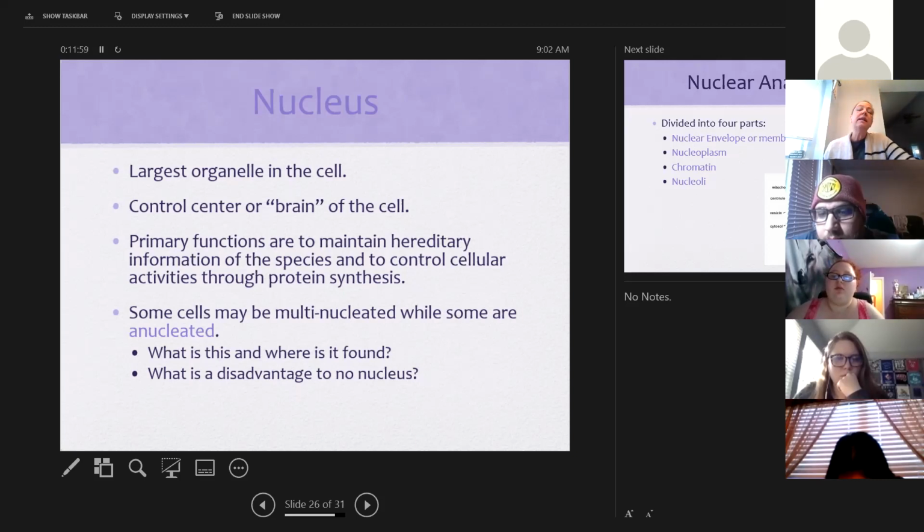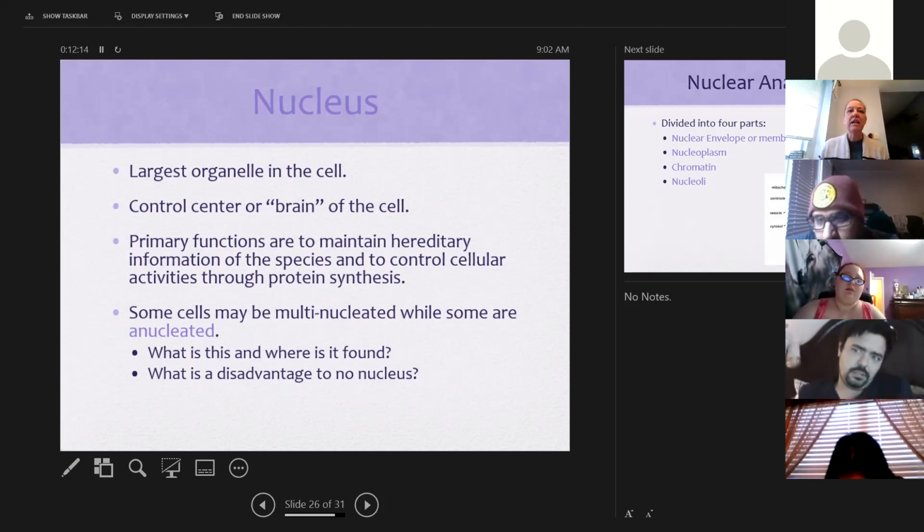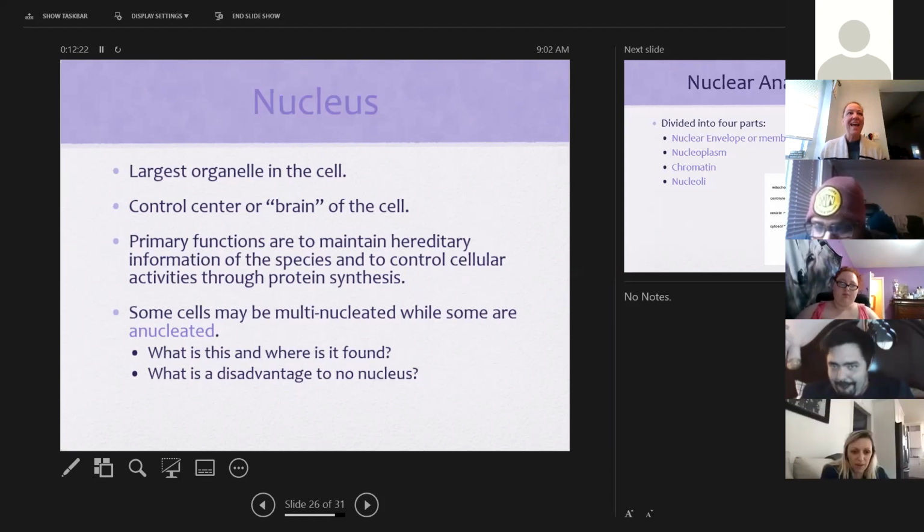Tell me a cell in your body that does not have a nucleus. I'll give you a hint. It's a transporting cell. Red blood cells? Nice. All right, use your med term. Tell me what the medical term for a red blood cell is. Erythrocyte. Very good.